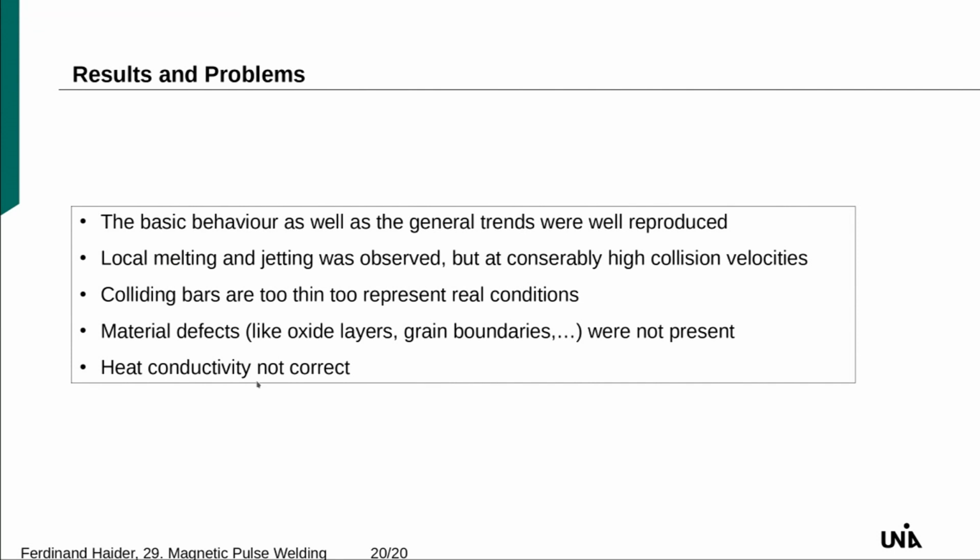Heat conductivity in our system is far lower than it would be in a real metal. One could try to artificially increase the heat conductivity, but basically I don't know how to really model it. Yeah. Are you aware of any procedures which implement good heat conductivities?